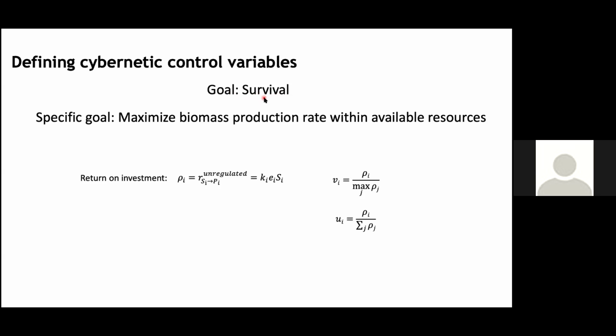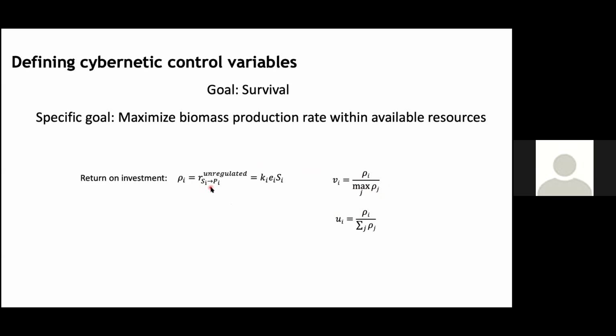The faster an organism is able to improve itself, the faster the organism is able to grow. So, for example, a specific goal in the case of bacterial systems is to maximize biomass production rate within available resources. Here, by solving the optimization problem, we can get the expressions for the Vi and Ui in terms of rho, which is the return of investment.